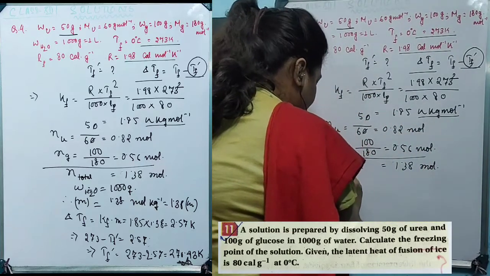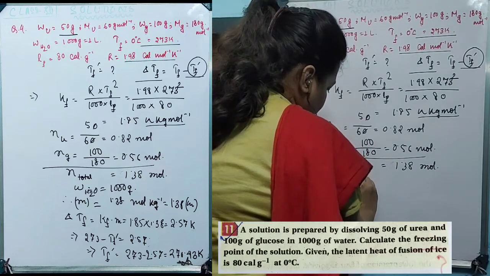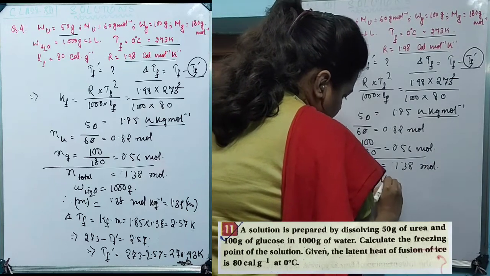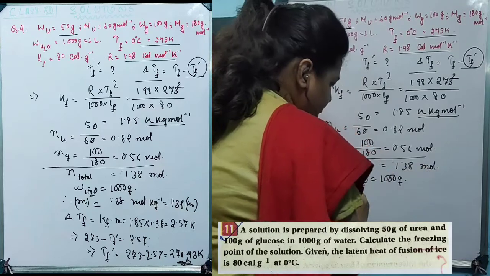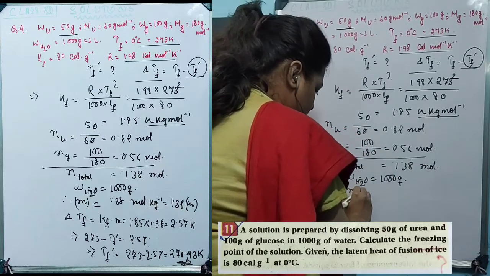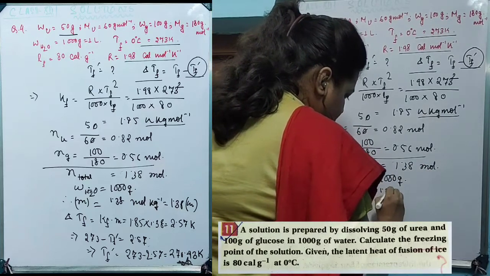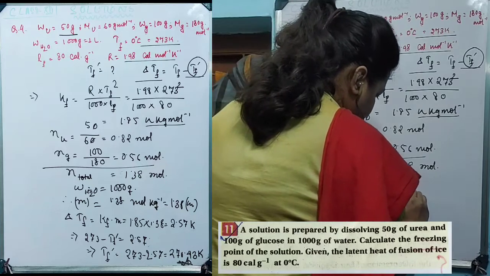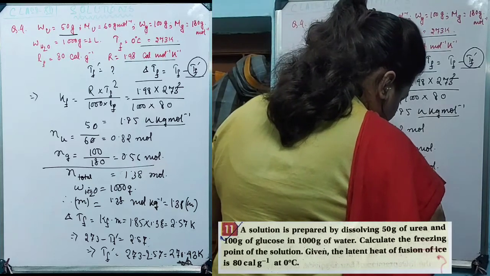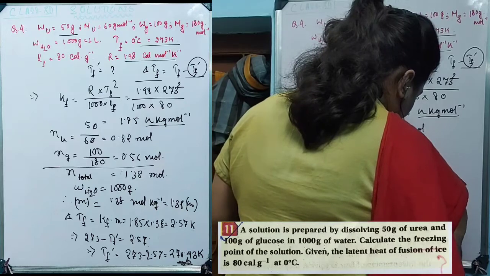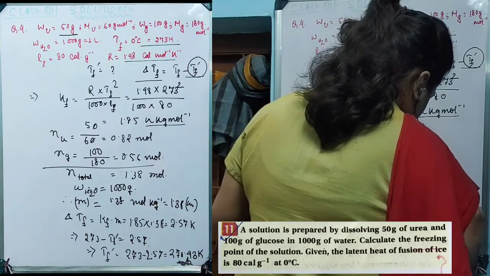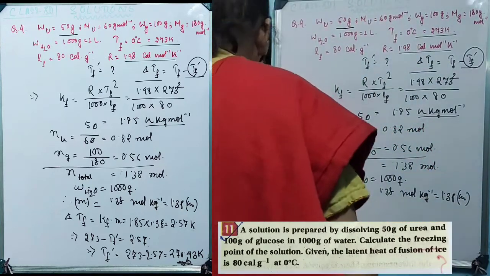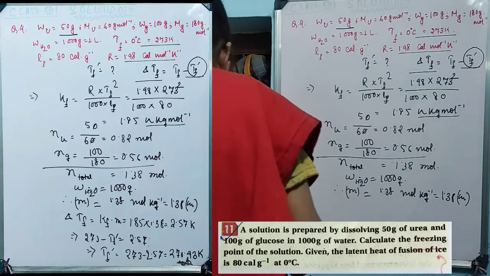Which is dissolved in 1000 gram of the solvent. Therefore, molality is 1.38 mole per kg, or 1.38 molal. This is the molality of the solution that we have calculated.